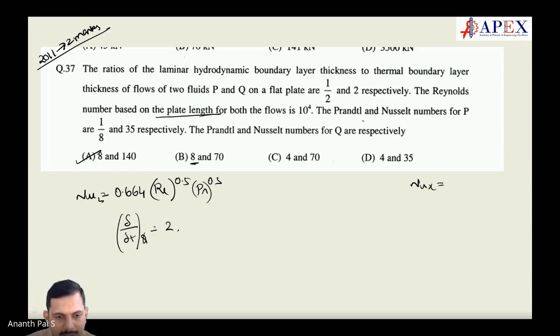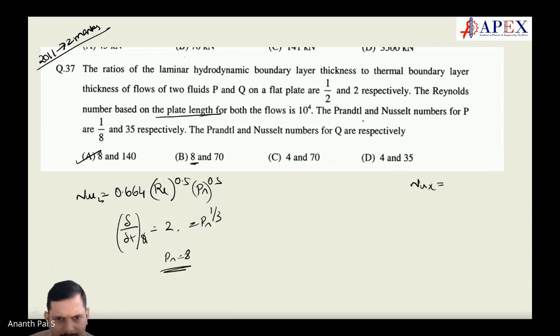Nusselt number, this is here, you get it as delta by delta T is equal to 2. So we get Prandtl number raised to 1 by 3. So Prandtl number you get as H.